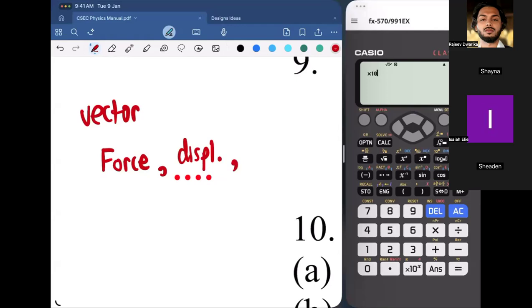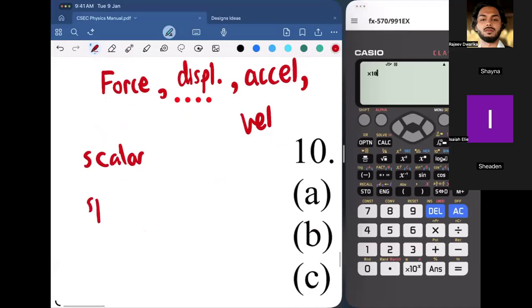Velocity. Right. Isaiah, give me an example of a scalar quantity. Speed, volume, distance. All that. Cool.